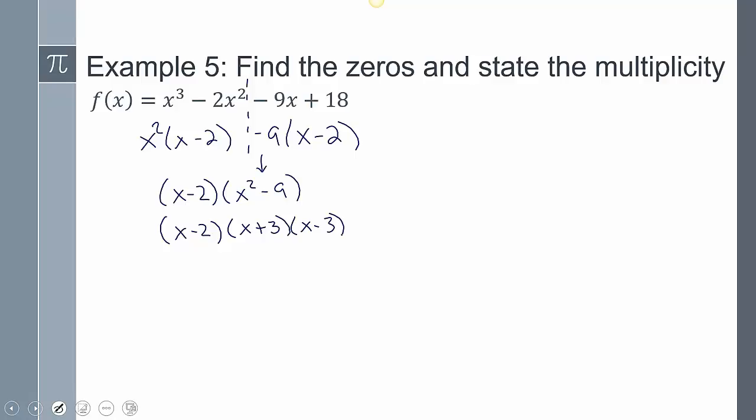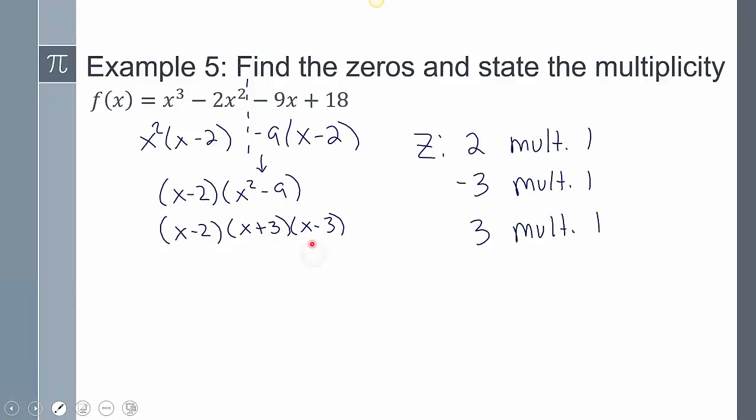So now, stating my zeros: positive 2, multiplicity 1, negative 3, multiplicity 1, and positive 3, multiplicity 1. Remember, we set each of these equal to 0 and solve for it, and that's how I got the positive 2, the negative 3, and the positive 3. Because I only had one of each, I said multiplicity 1.